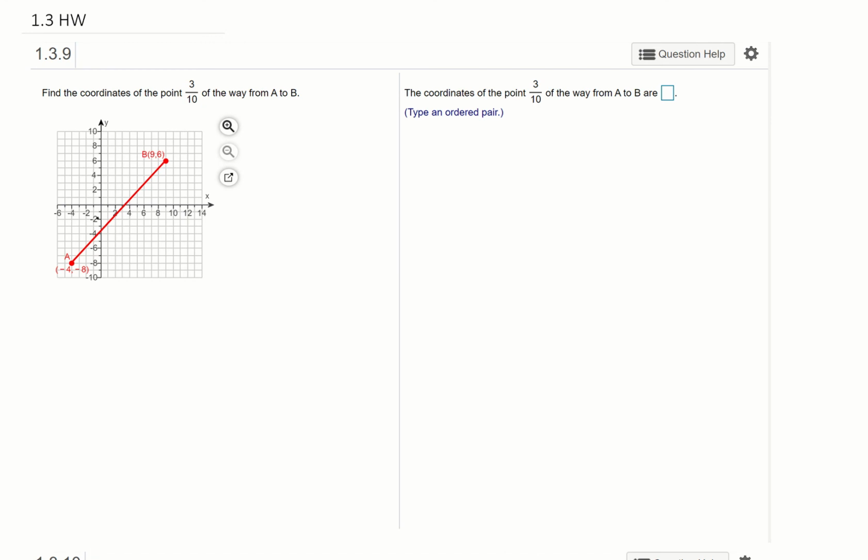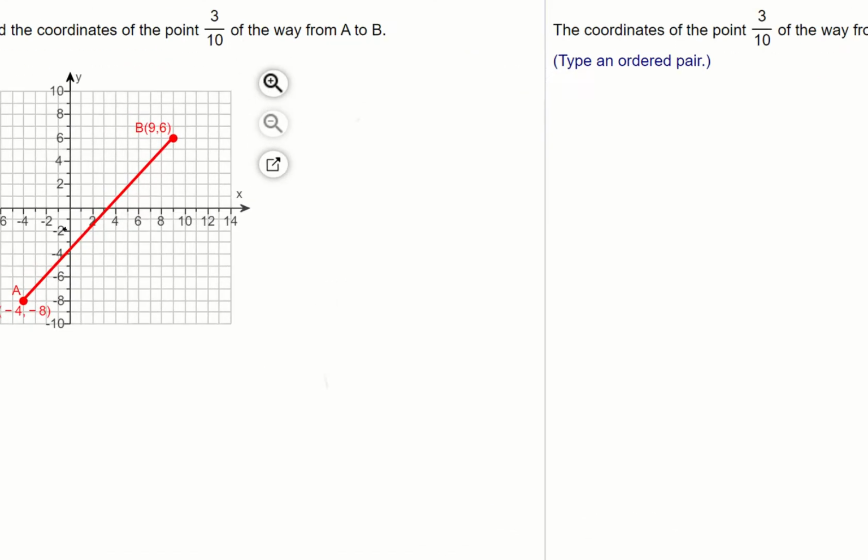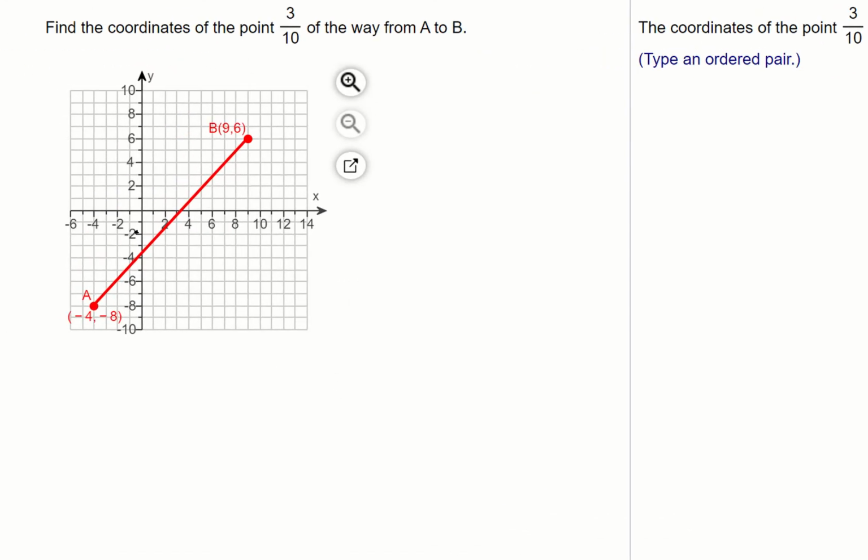First off, you want to find the horizontal component and the vertical component of this line segment. We call those the horizontal and vertical distance. To do that, for the horizontal distance, I simply subtract the x coordinates under an absolute value.